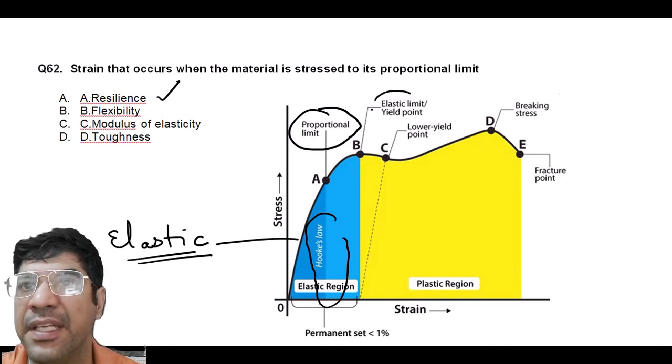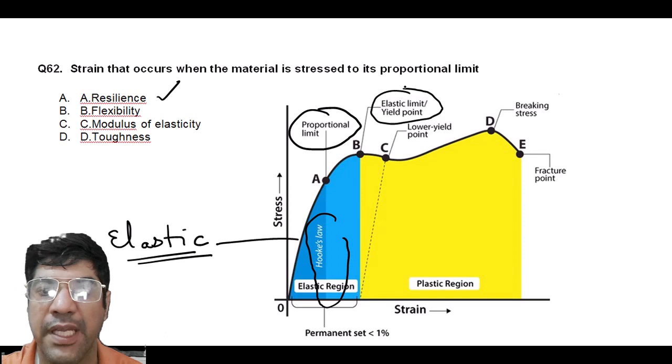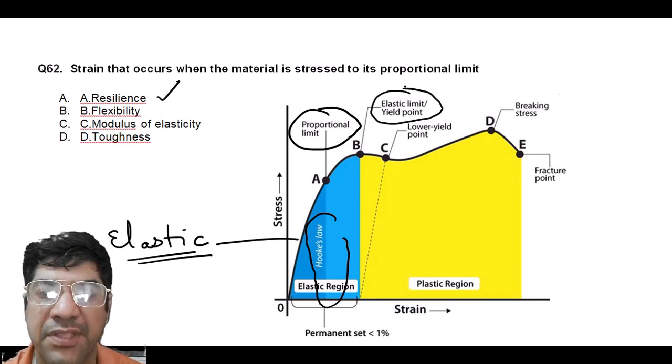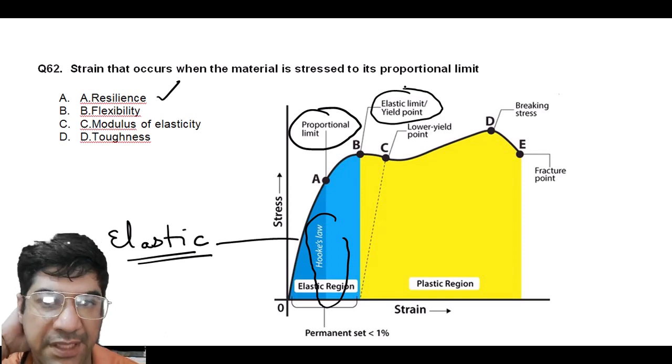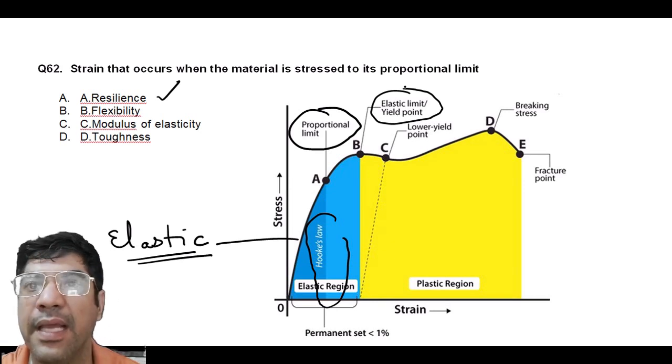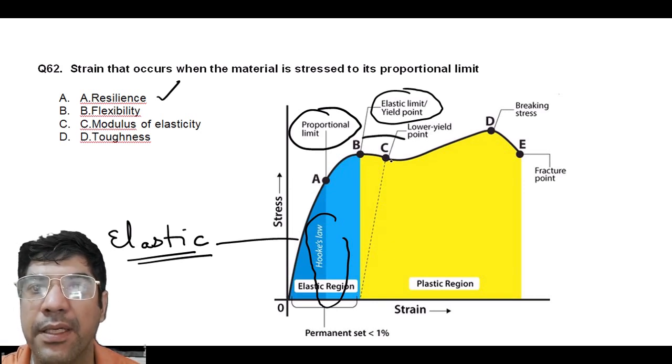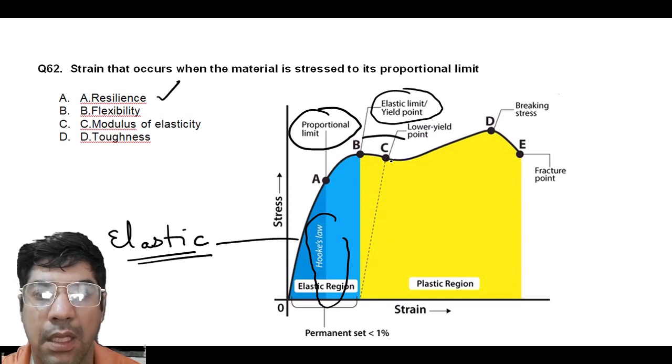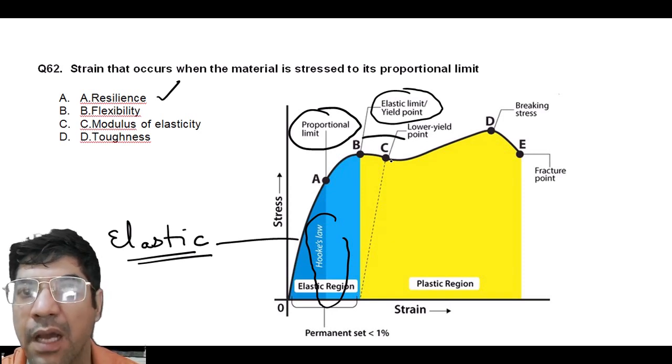The other is the yield point. Yield point is a critical point on the stress strain curve that marks the transition from elastic to plastic deformation. Beyond the yield point, the material will undergo plastic deformation.